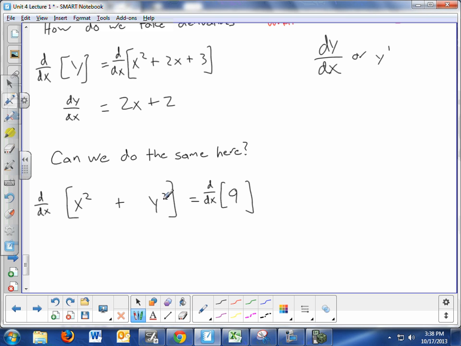When we have two things being added together, we take the derivative of the pieces, right? And I didn't show that up here, but I'll show it down here. So the derivative of x squared plus the derivative of y squared is equal to the derivative of 9.